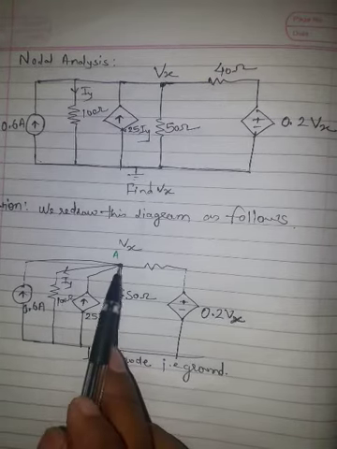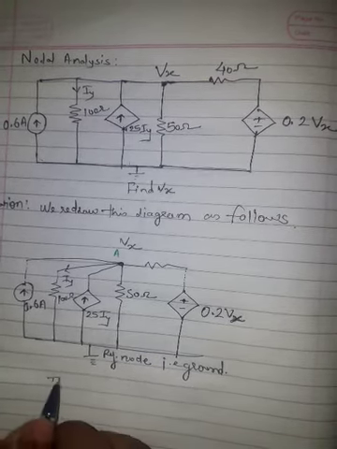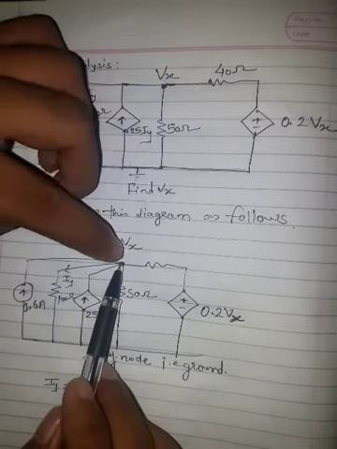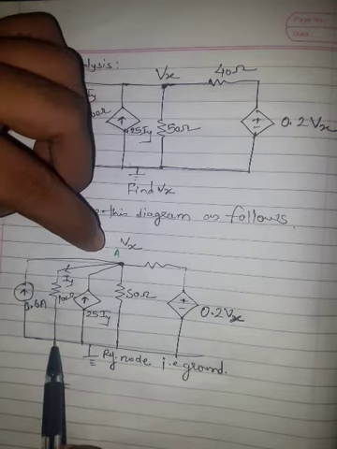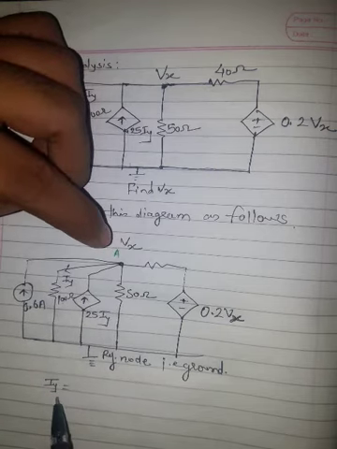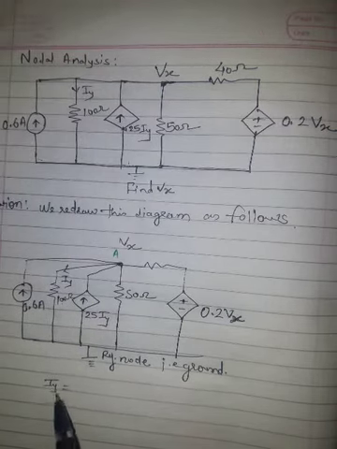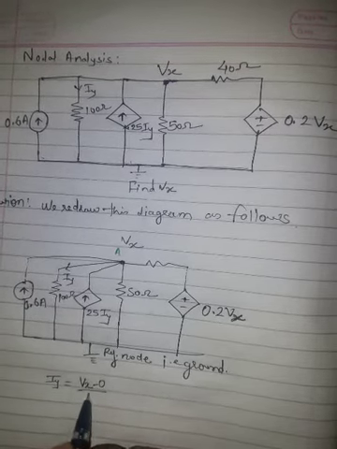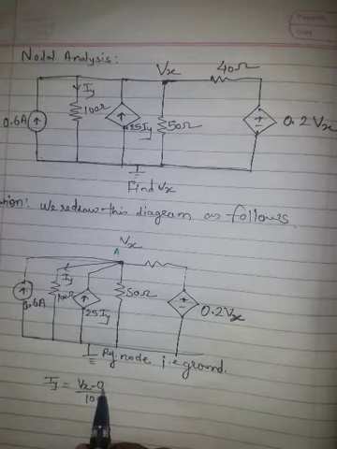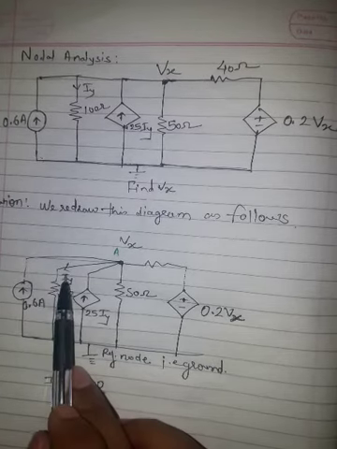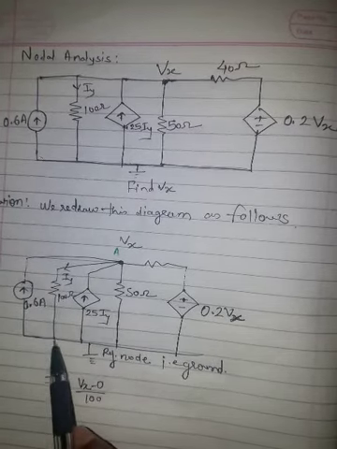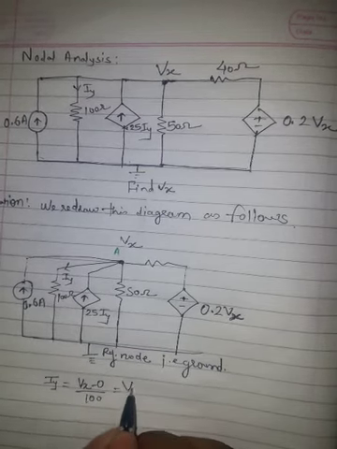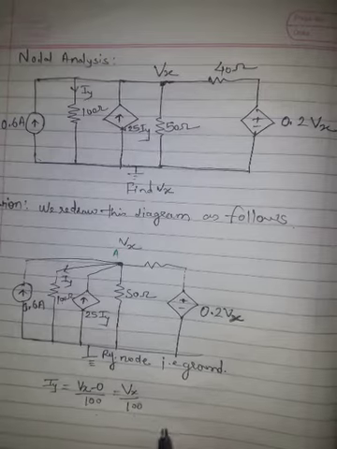Iy is the current flowing from Vx to ground. So I can write Iy is equal to Vx minus 0 by 100. 0 is for ground. So this will be Vx upon 100.